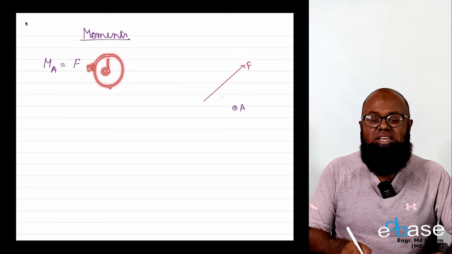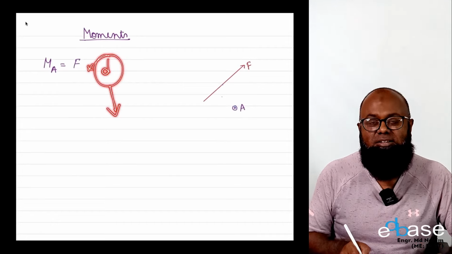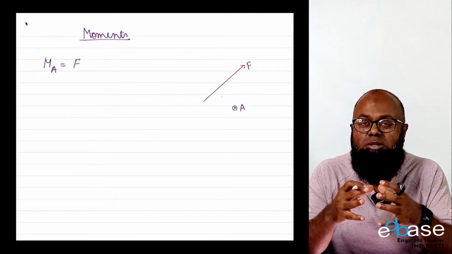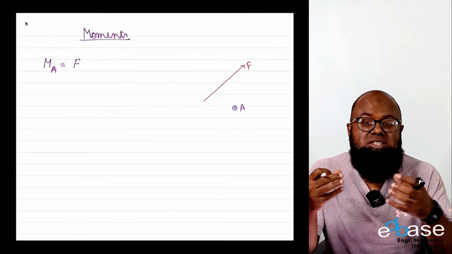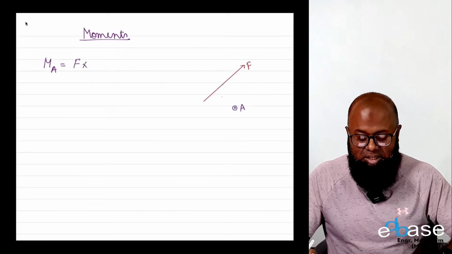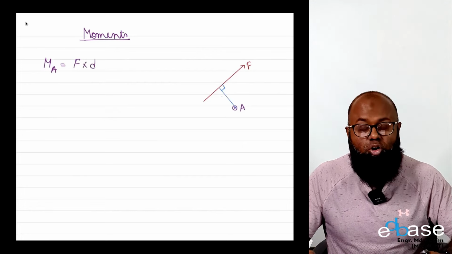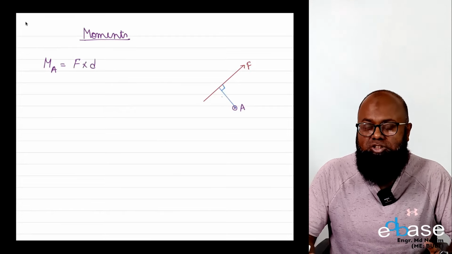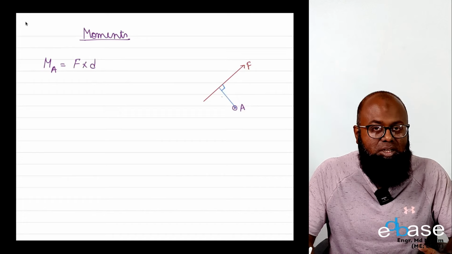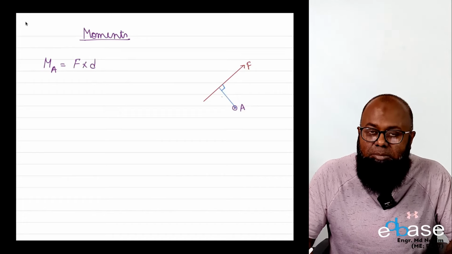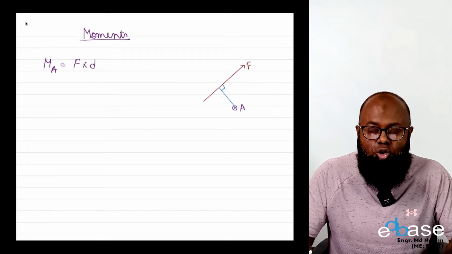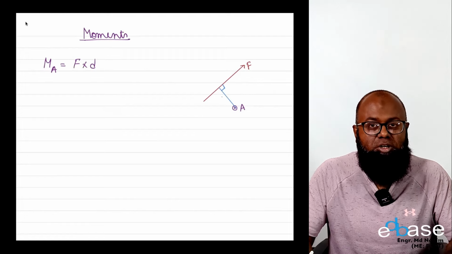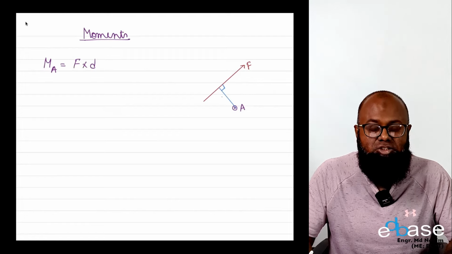Now, this D is the most mysterious here. Students often struggle with this D. Now, what is this D? This D is the perpendicular drawn from the reference point on the line of action of the force.